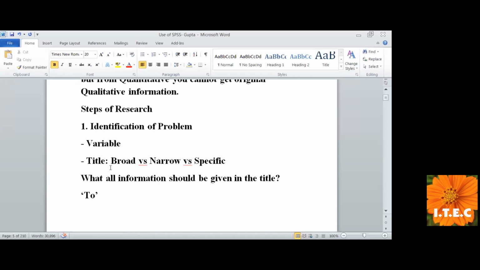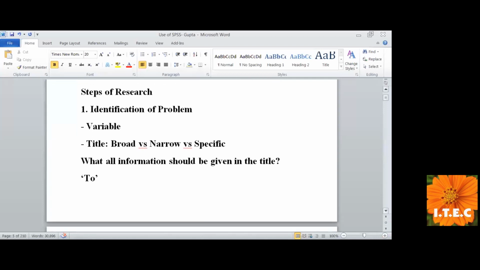So what should be the sequence among variable, title, and objective? Okay, keep on thinking and come back tomorrow and I will start from here.